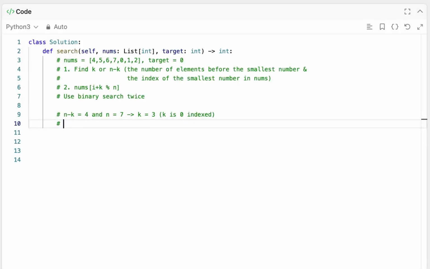No, it should be n minus k, sorry, because nums is already rotated. So I'm adding 4 to this one. That gives me 0, 1, 2, 3, 4. This is the first value, this is the second value. So we are comparing this one with this one, and we divide by 2.